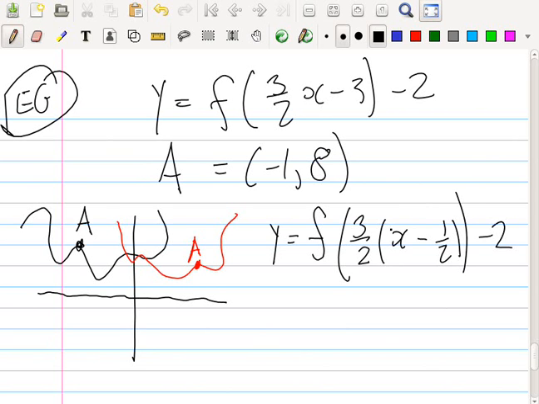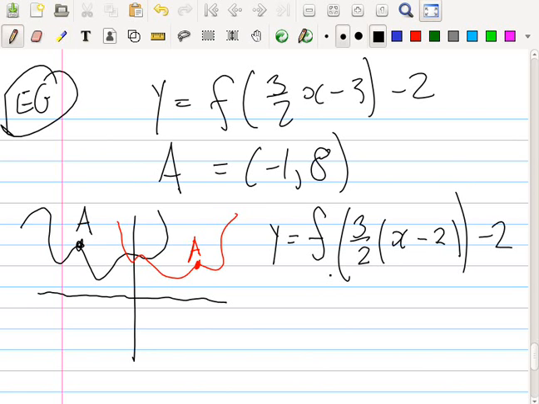Because if I multiply this out, I get back the original. The 3 over 2 is still there because I factored it out. If I multiply 3 over 2 by 2, the 2's cancel, leaving me with the 3. So it does go back to the original.